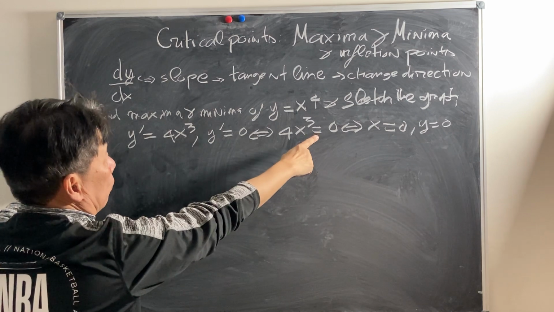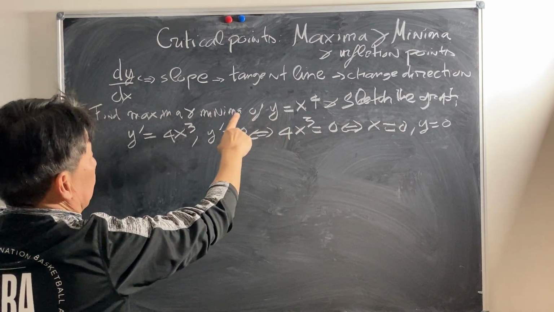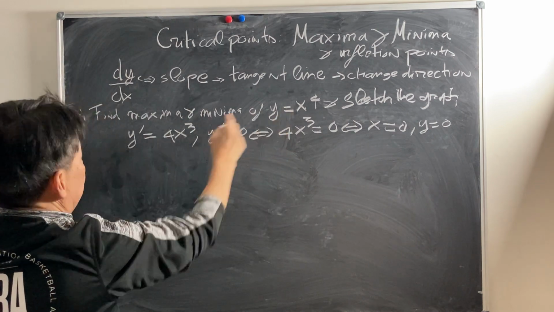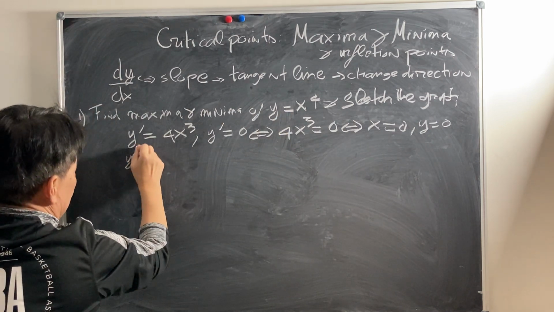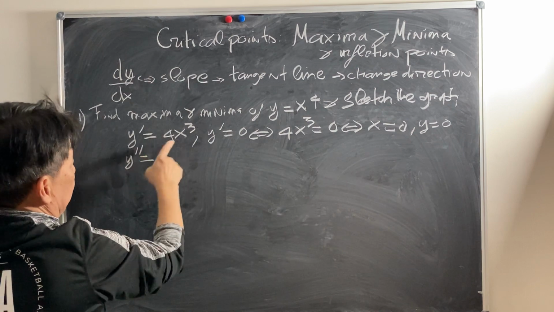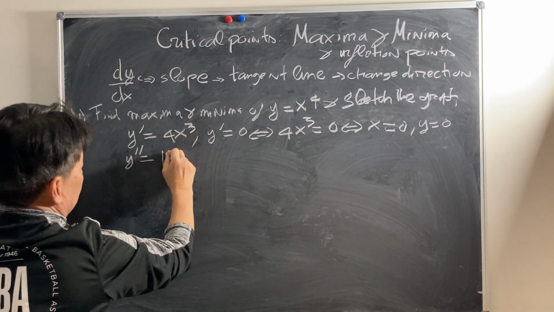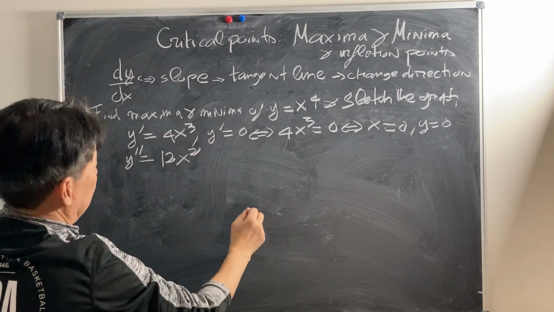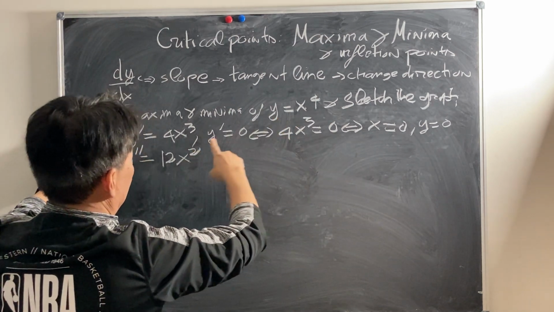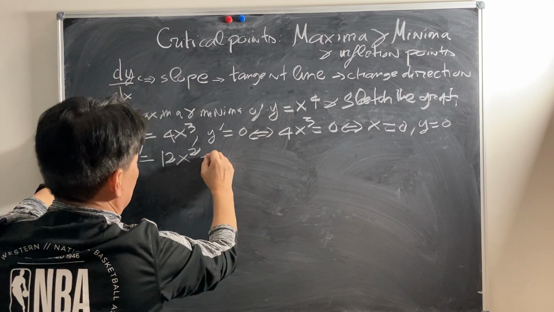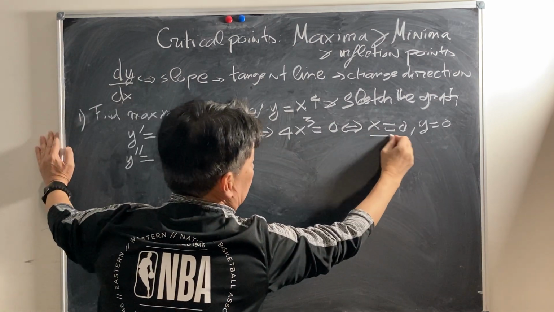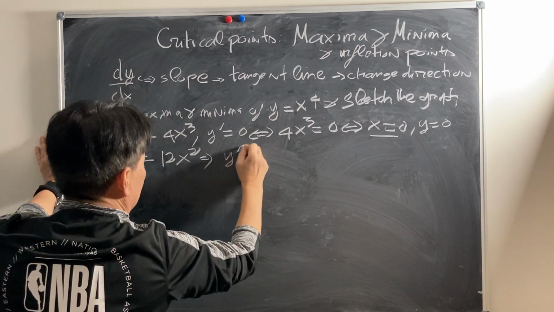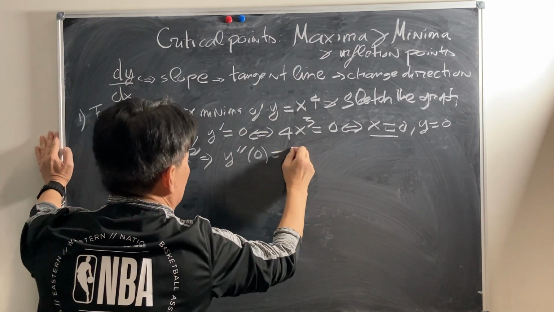Okay, so in order to know whether it is the maxima or the minima of the function, you take the second derivative. Okay, y double prime equal what? 12x squared. Okay, and you substitute the value x equal 0 into y double prime. y double prime at 0 will be equal to 0.